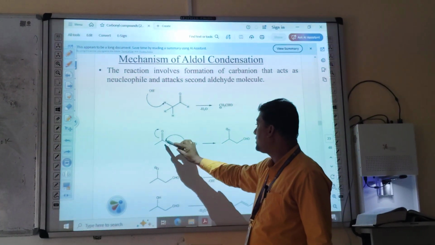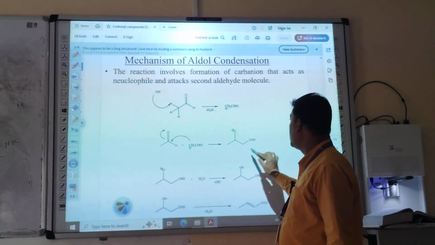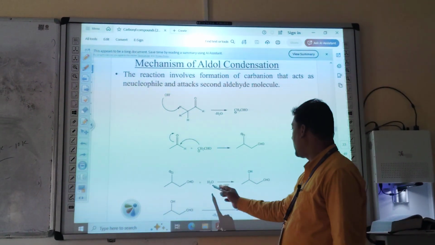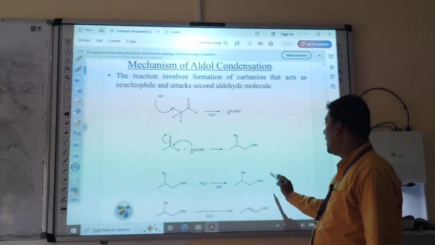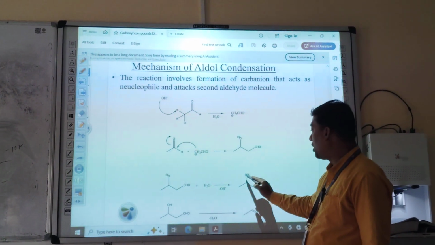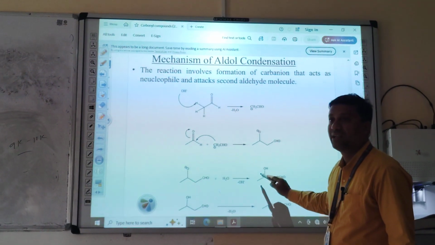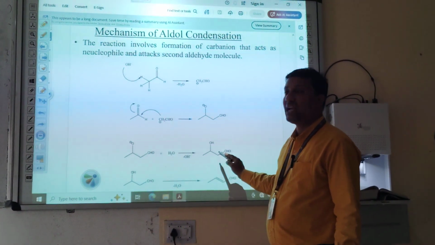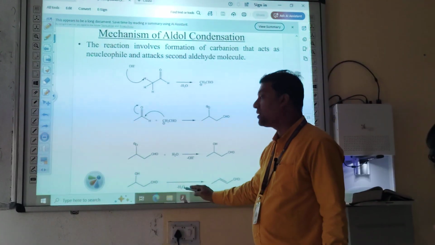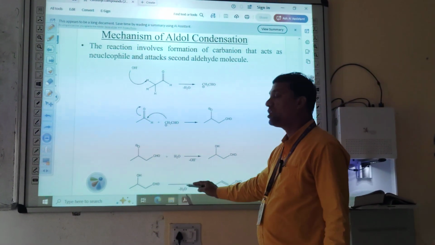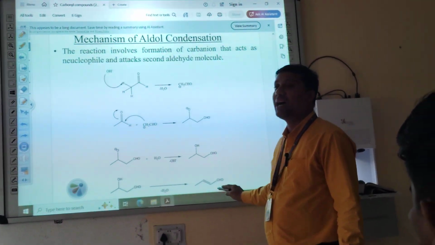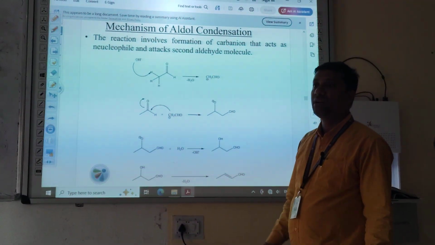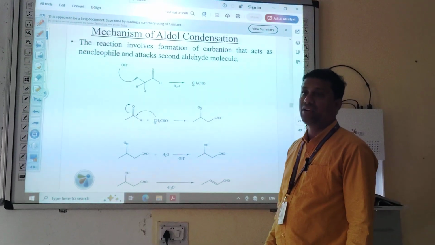This will attack this, and this will form this type of product. In presence of water, it will form one aldehyde group and one alcohol group. This is beta hydroxy aldehyde. And from the beta hydroxy aldehyde, the elimination of water molecule will form the alpha beta unsaturated compound. And this is the mechanism of aldol condensation.